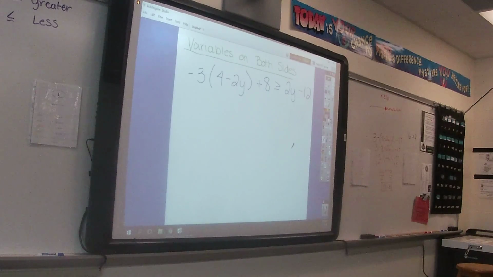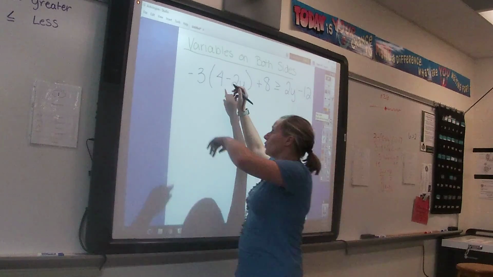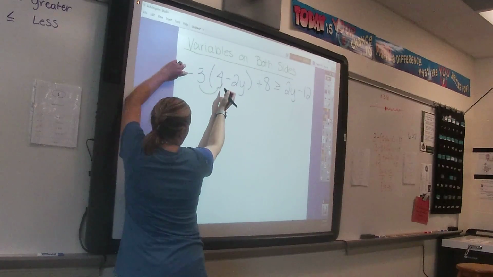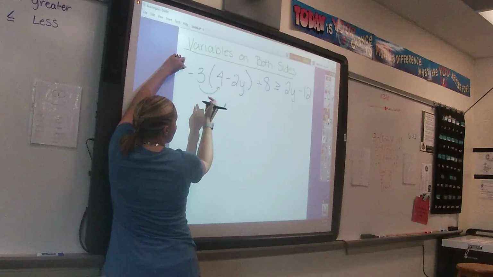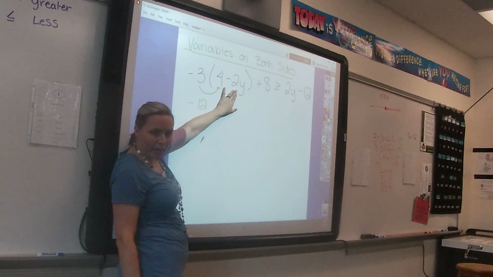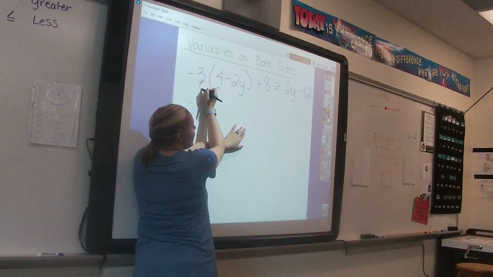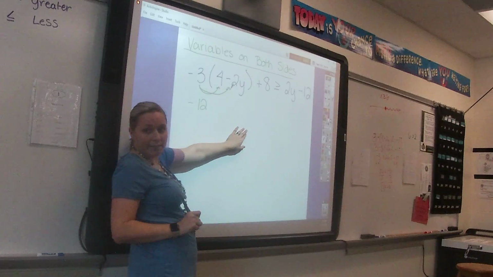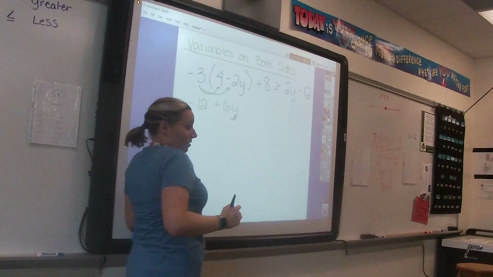We distribute. So we are going to be very intentional right now because this is a place that's getting us. So if we're going to distribute right here, -3 times +4 is what? -12. What number is this right here? -2. So -3 times -2 is positive 6y.